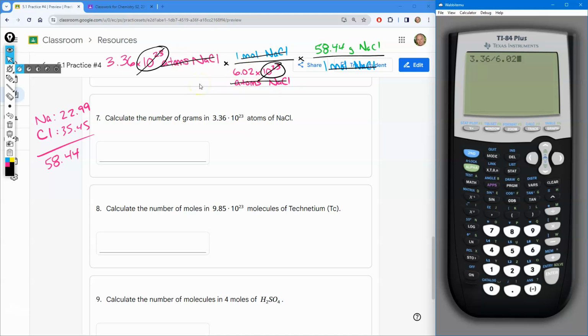It has to be the same power. Okay, so I'll hit enter. And then times 58.44 over 1 is just times 58.44. And that would be our answer. We want to round this to, it looks like, 3 significant figures. So our answer would be 32.6.